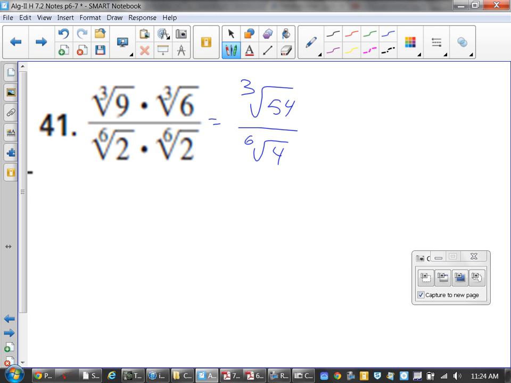If I'm looking at the cube root of 54, I can simplify that, because what's the perfect cube that goes into 54? 27. That's the cube root of 27 times the cube root of 2. Okay?